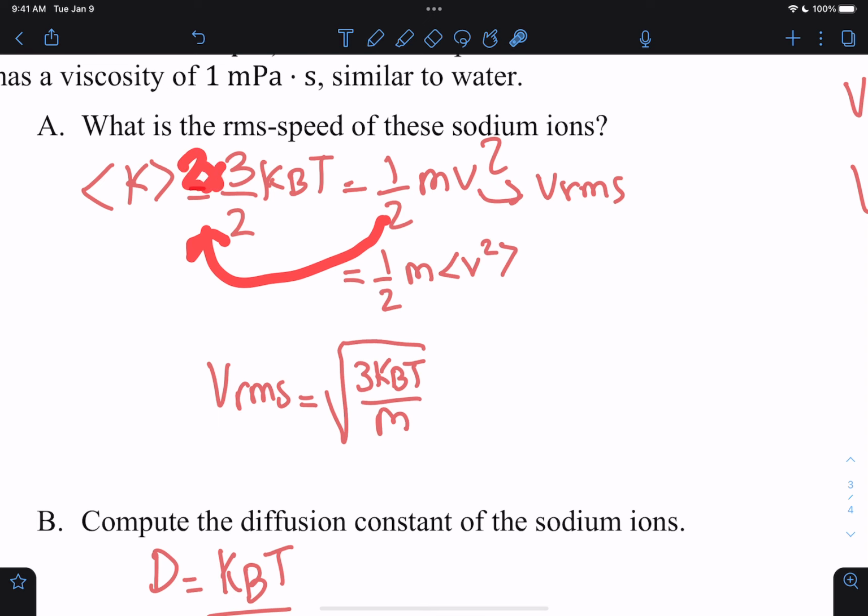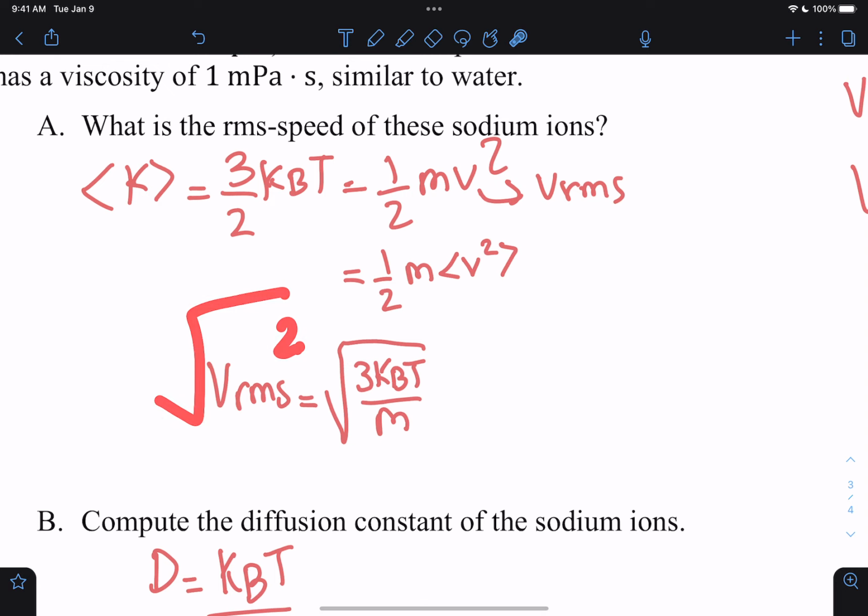So 2 times 3 over 2, the 2's cancel out, so you're left with 3 kBt. Once you have 3 kBt, you can then divide over the m. Once you divide over the m, you'll have the VRMS squared left. If you take the square root of both sides, you're left with VRMS is equal to the square root of 3 kBt over m.